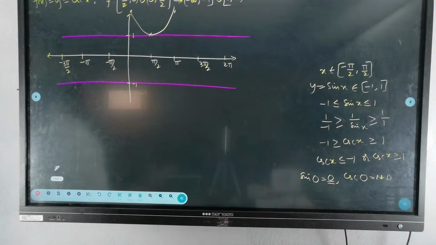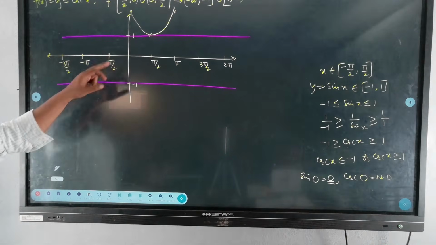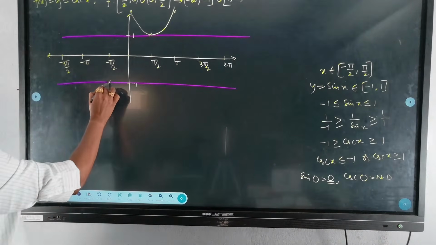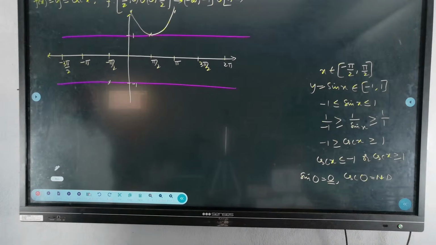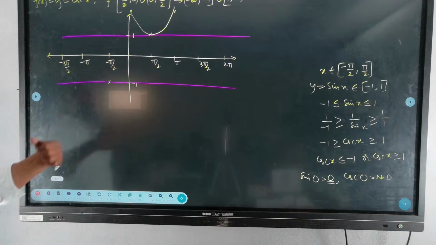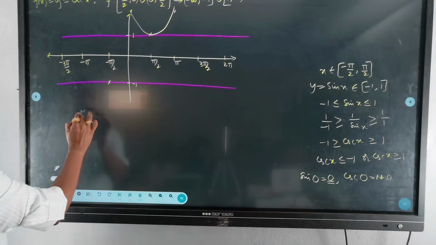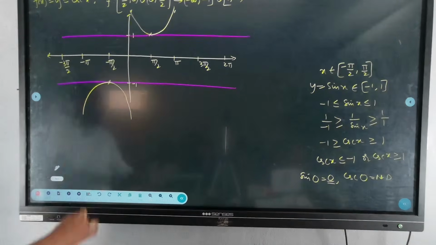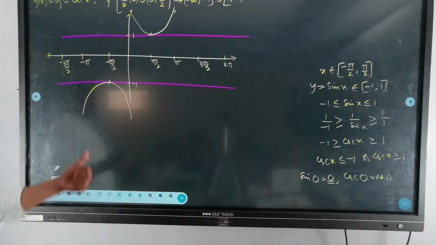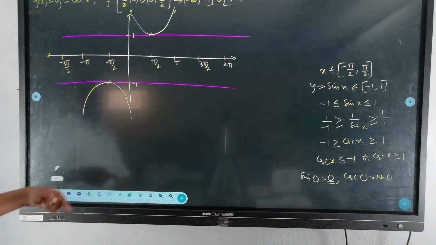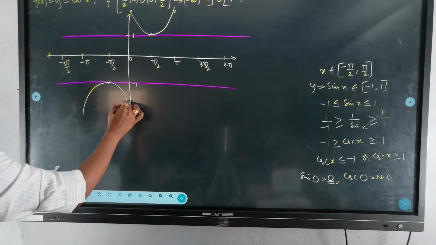Right. What about minus 90? Minus 1. What about 0? What about minus 180? Undefined. Got it? Minus 180 undefined. 0 undefined.